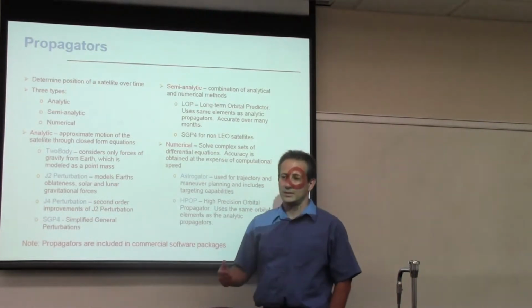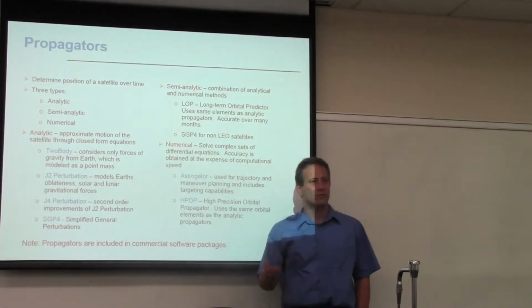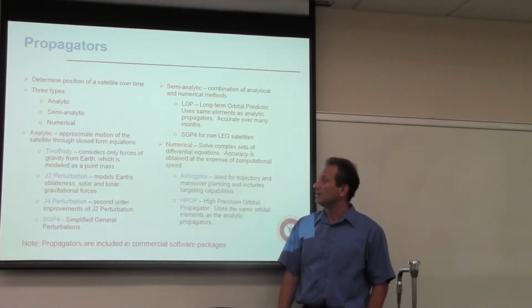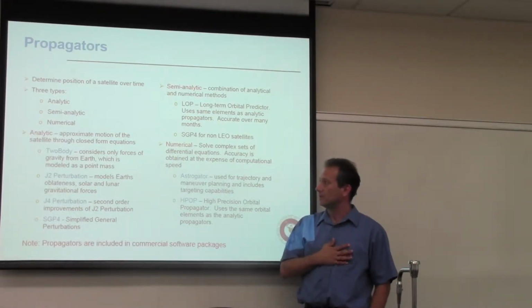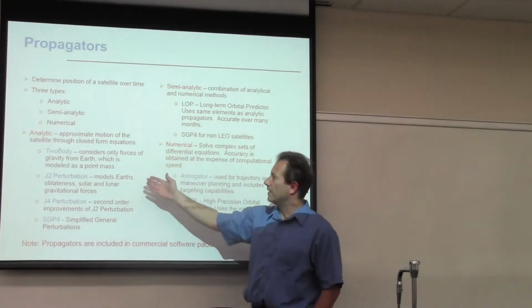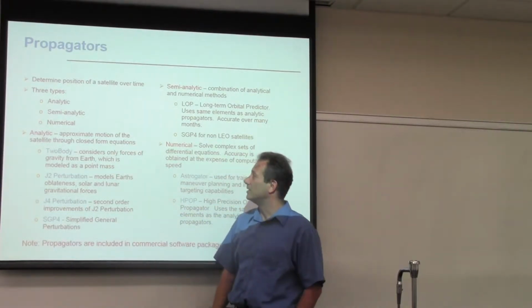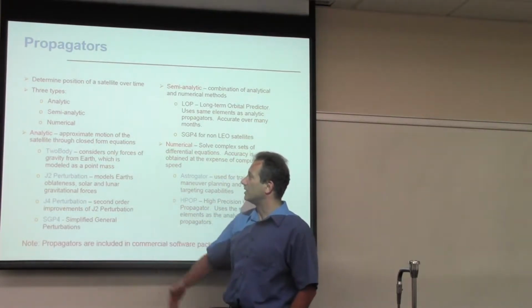These are the ones that make an attempt to model everything using physics, just pure equations of motion, gravity, and so on. The two-body propagator is the one that we have dealt with so far. It assumes that there's just an Earth and a satellite.